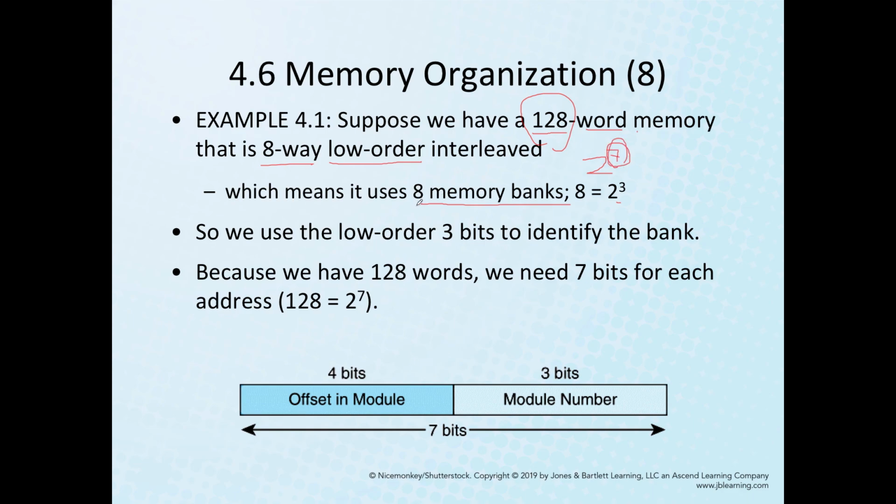Since we have 8 memory banks, 8-way meaning 8 memory chips, in low order interleaving, since 8 is 2 to the 3, we need 3 address lines to select a module, and then the most significant 4 bits are used to locate one of the words within the chip. That is the memory organization for a 128 word memory that is 8-way low order interleaved.